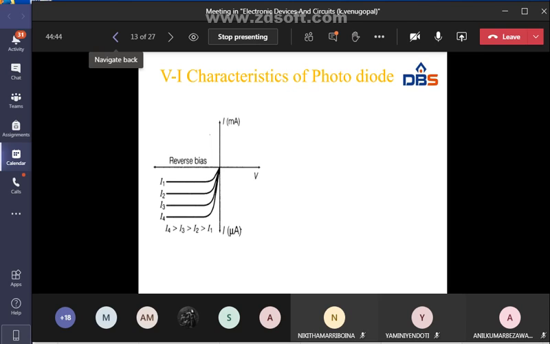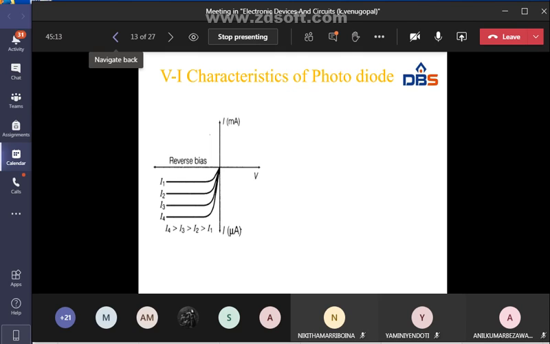When it comes to applications of photodiodes, they can be used in smoke detectors, compact disc players, televisions, and remote controls.